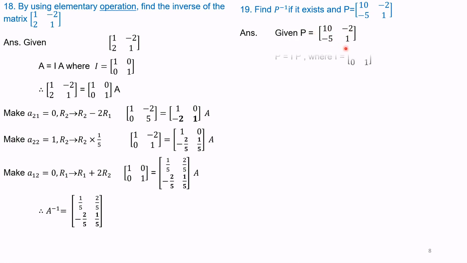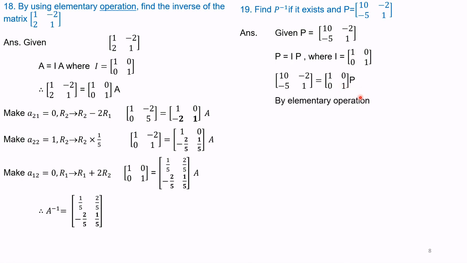We know for the inverse, the relation is P equals IP, where I is the identity matrix [1 0; 0 1]. Therefore, we get [10 -2; -5 1] equals [1 0; 0 1] into P.